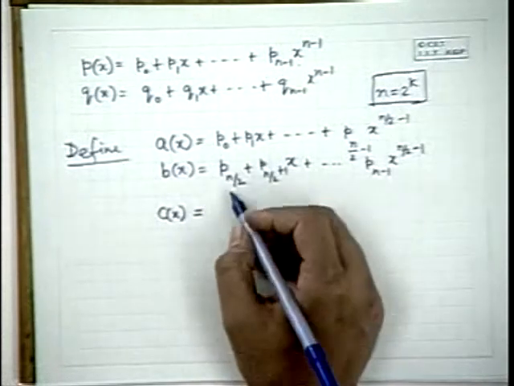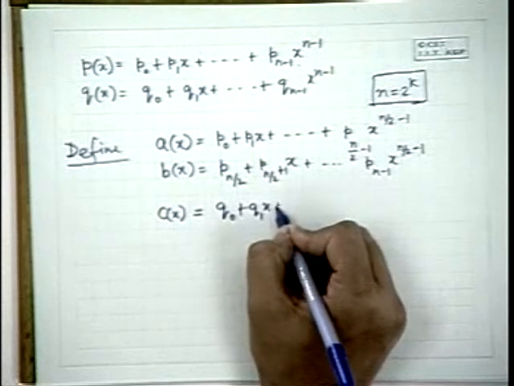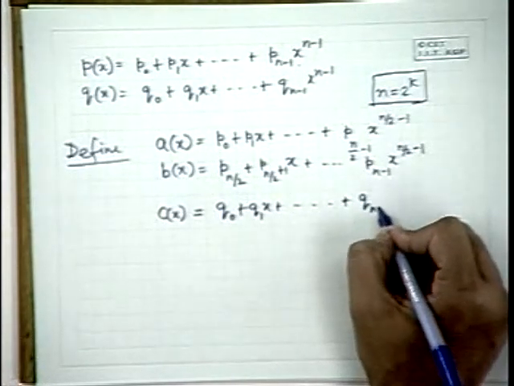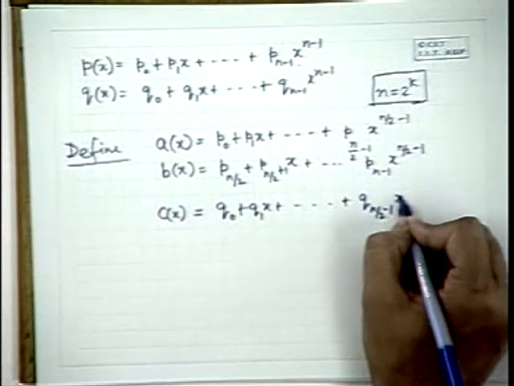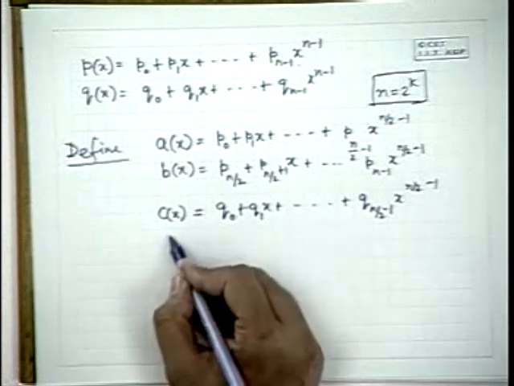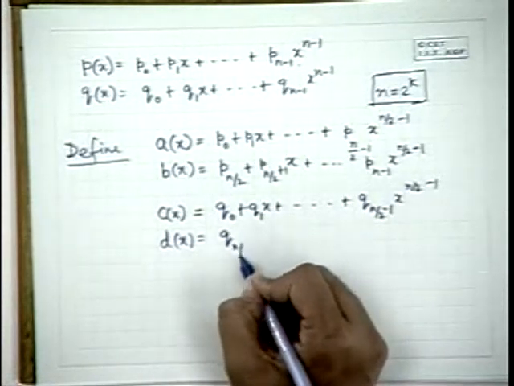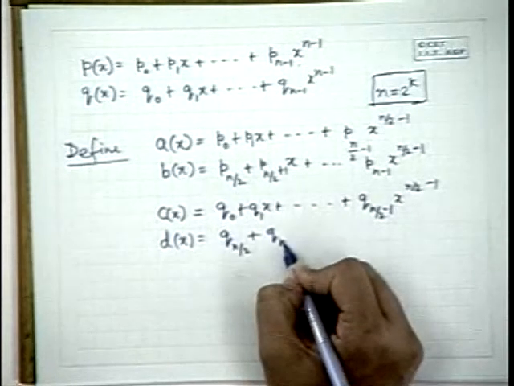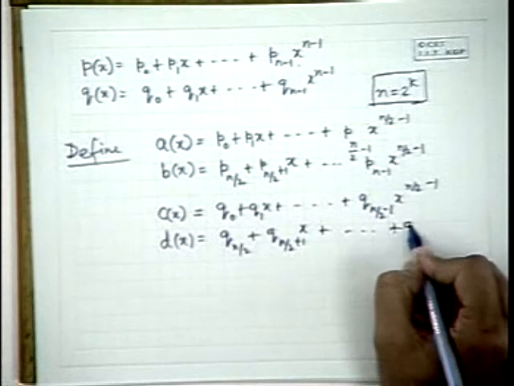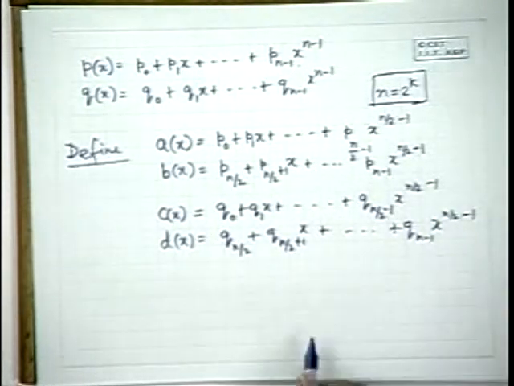Cx is equal to q0 plus q1x plus up to q n over 2 minus 1 x to the n over 2 minus 1, and dx is similar, q n over 2 plus q n over 2 plus 1 x goes up to q n minus 1 x to the n over 2 minus 1.